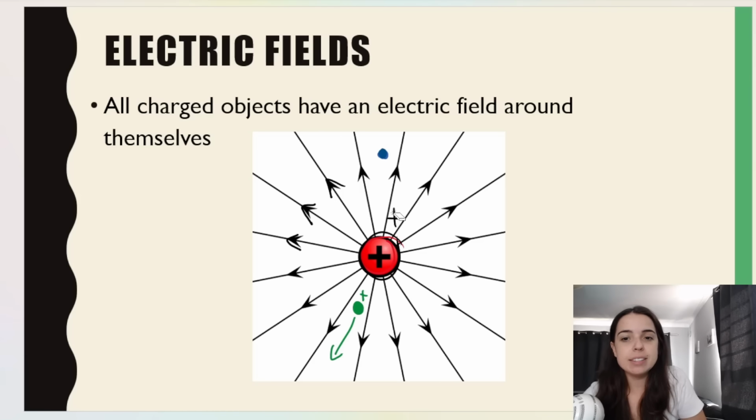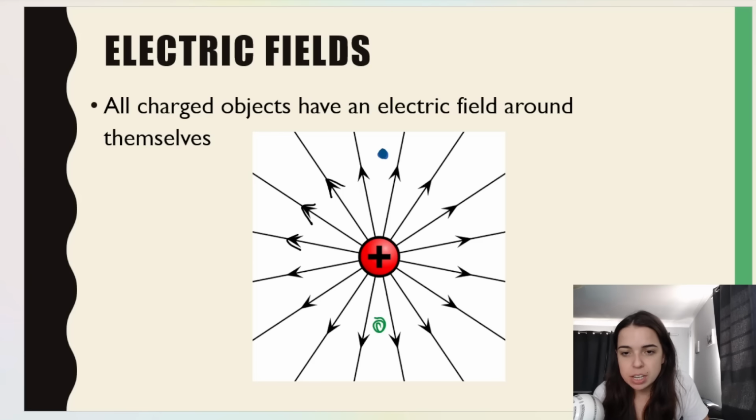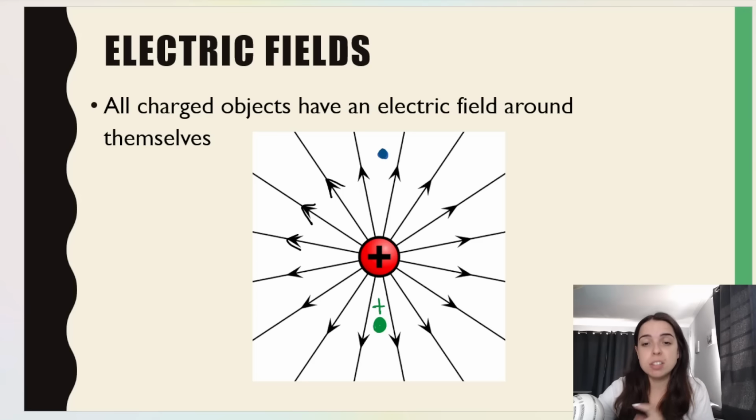If I have to place a test charge, so another charge, let's say it's this green one, and I'm putting it over here. And remember, this is the positive test charge. It's just another random charge. And they say that it's positive. Which way will the positive, green positive, want to move? Think about it. You know from the previous video that like charges repel.